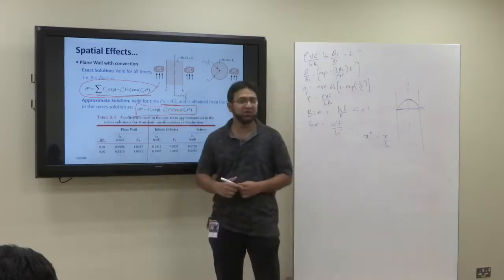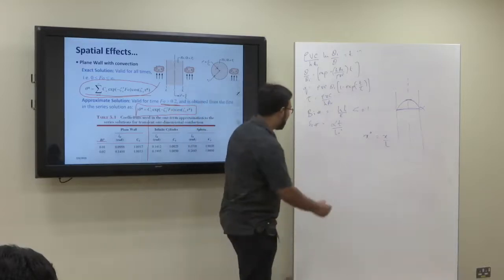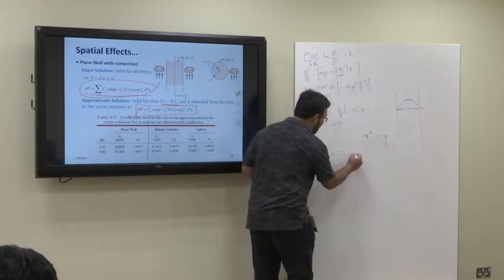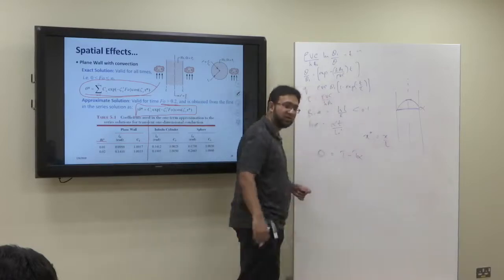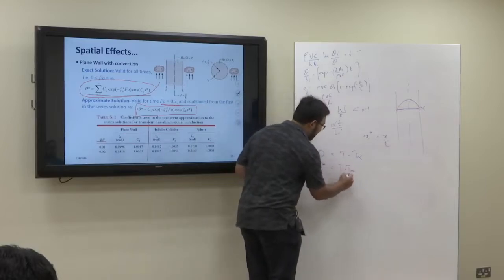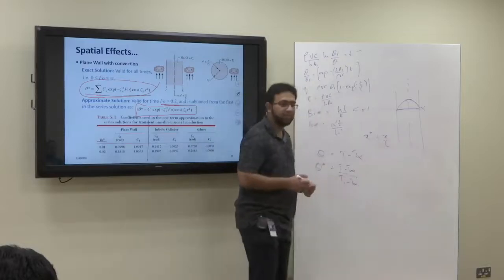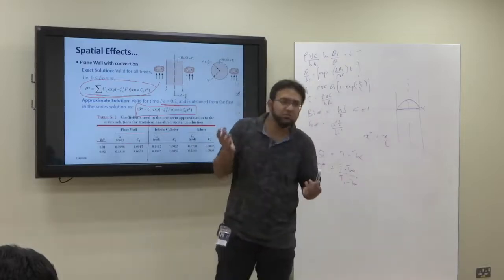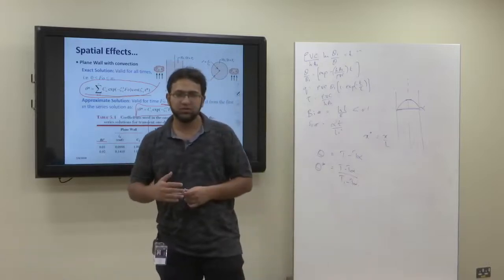Similarly, instead of theta, we put here theta star. Theta is T minus T infinity, and theta star will be T minus T infinity divided by T initial minus T infinity. T initial will be a kind of constant here in any case.